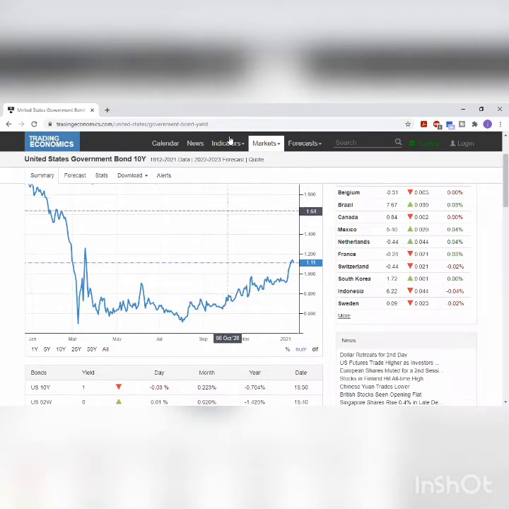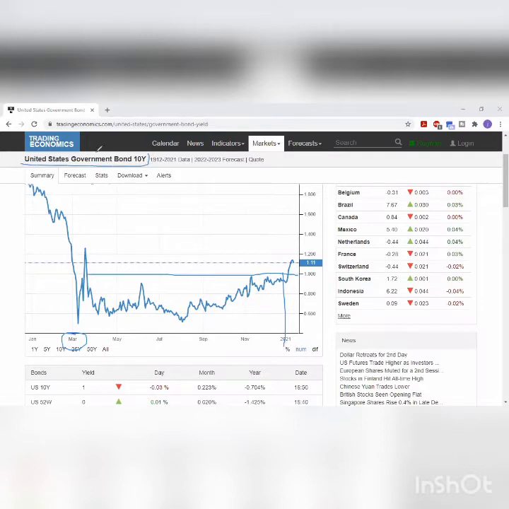I hope you'll be able to see this chart. You can clearly see that from March up to somewhere here, in December or early January, it has not breached the 1% level. By the way, we are looking at the United States government bond 10 years, no?